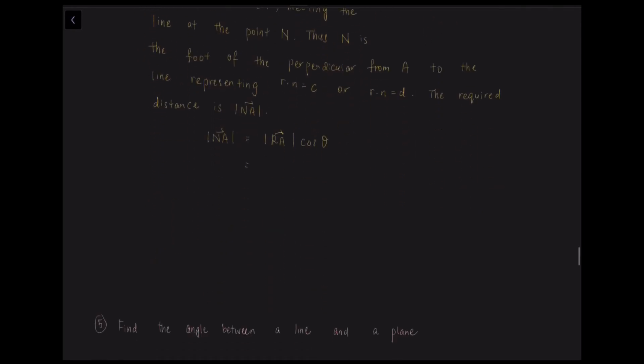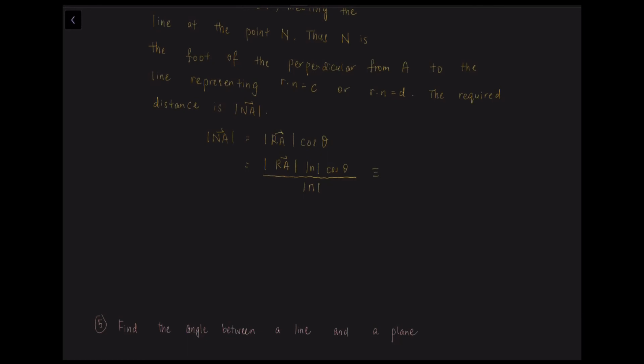But then we are finding the modulus of NA. So the modulus of NA equals the modulus of RA cos theta, as you can see from the diagram, using the trigonometric property.